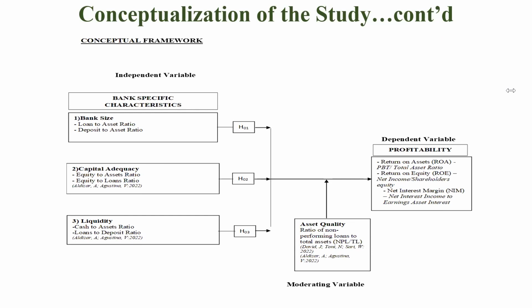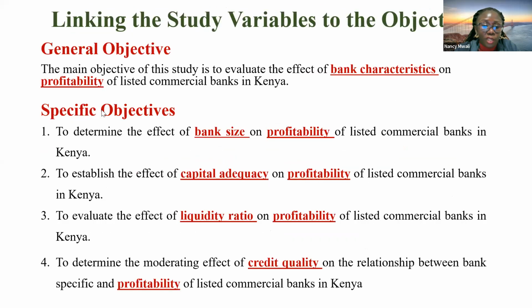What is the meaning of the arrows? Okay. The arrows, for instance, let me take an example of what I'm projecting. The arrows show the relation. Let me go back to the objectives. Let me take the first objective, to determine the effect of the bank size on profitability of listed commercial banks in Kenya.